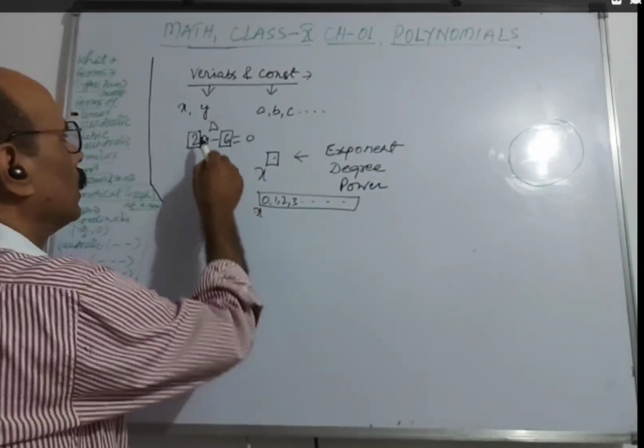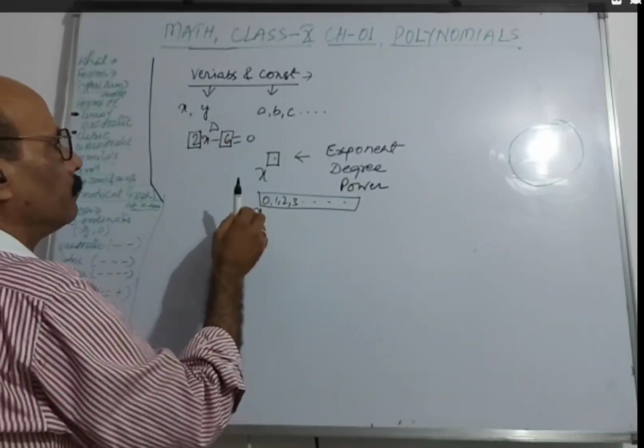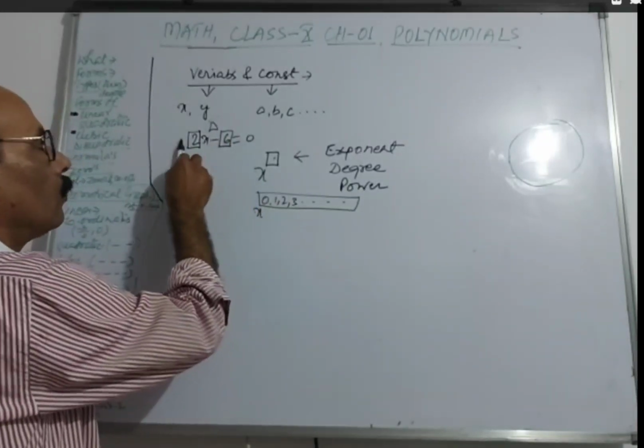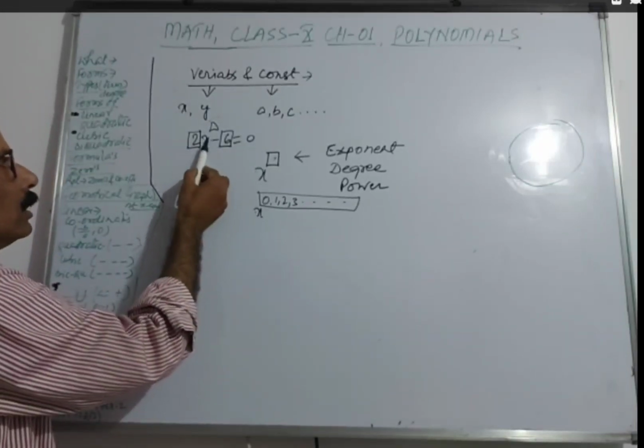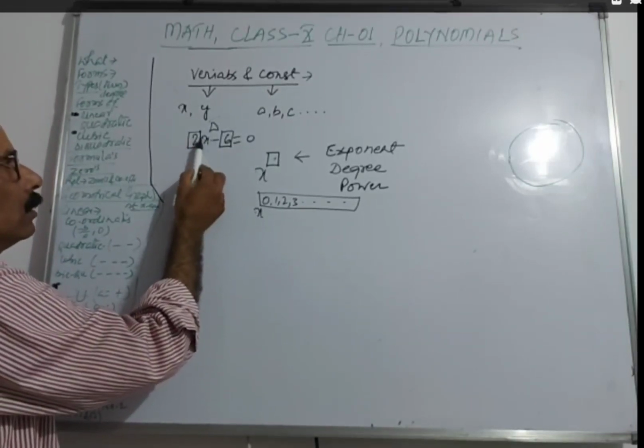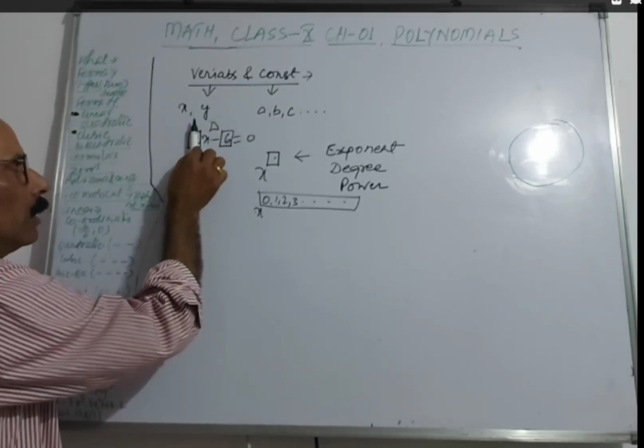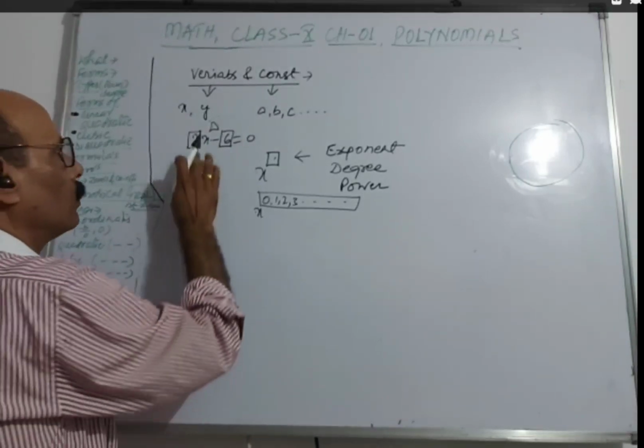Coefficient means just before the variables, whatever numbers are, that is called coefficient.